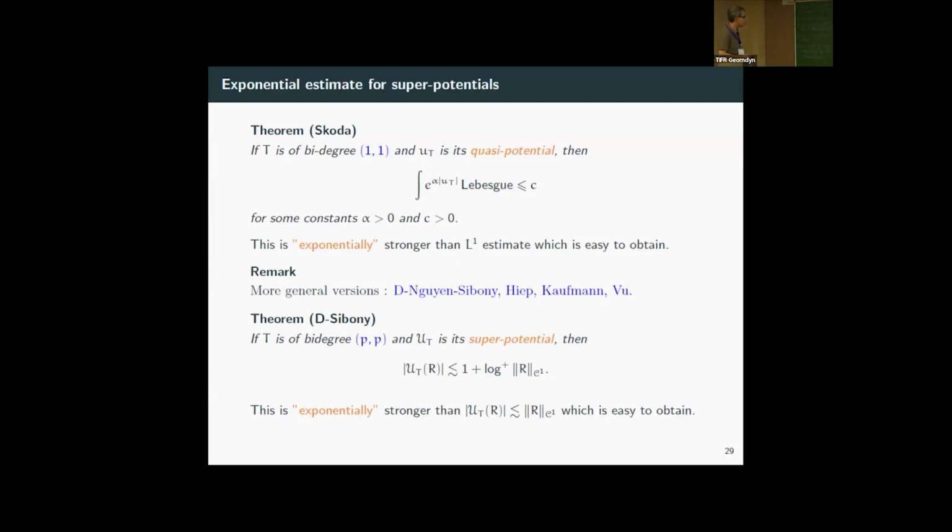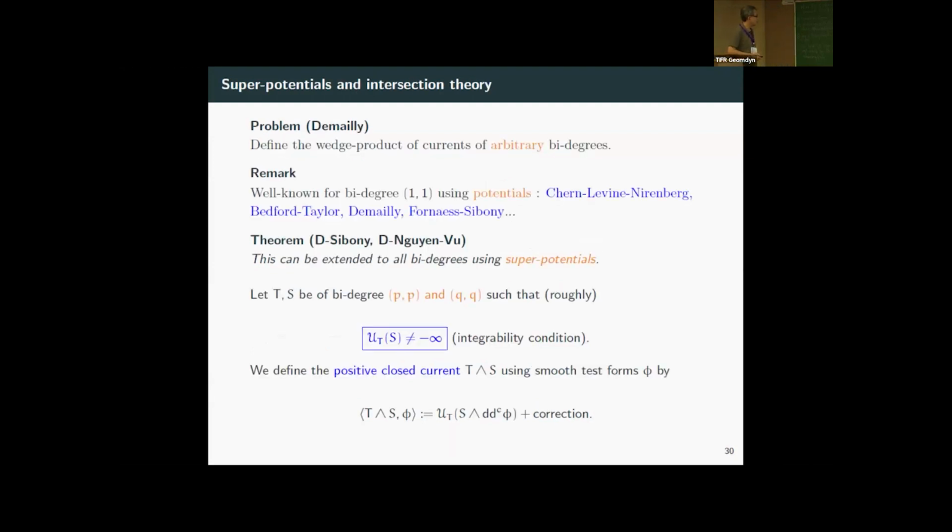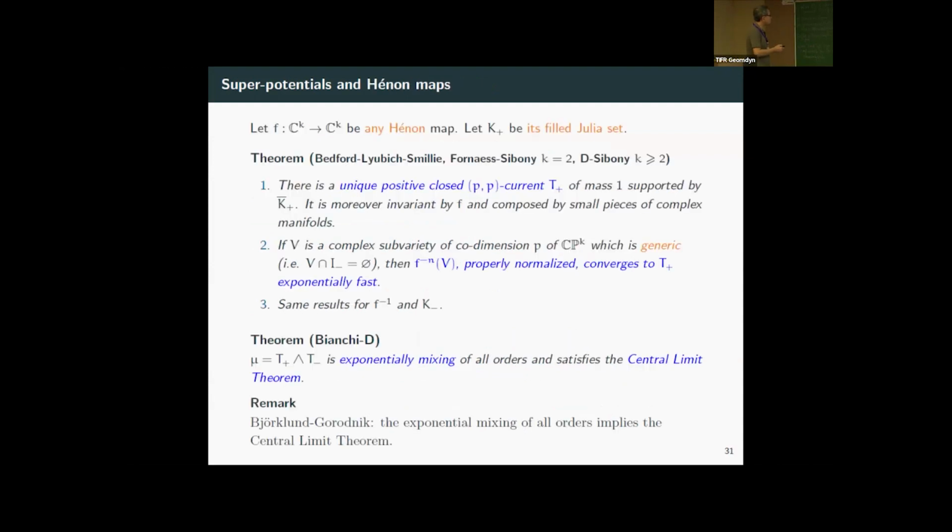Okay, now you can repeat the proof of Fornaess and Sibony, and you can prove this theorem on the uniqueness of G plus. It is the same proof as in dimension 2, except that now you have to use this superpotential. Then we can use this to prove the exponential mixing of mu and then the central limit theorem.